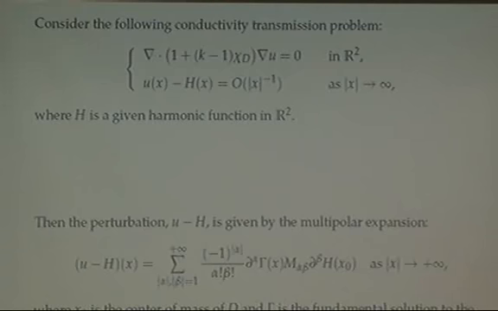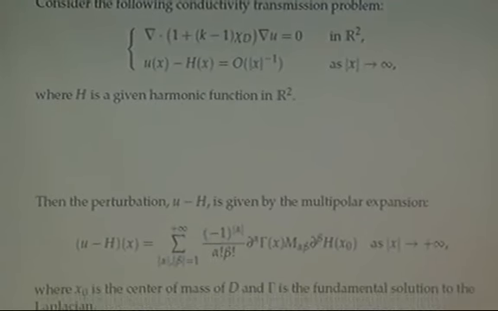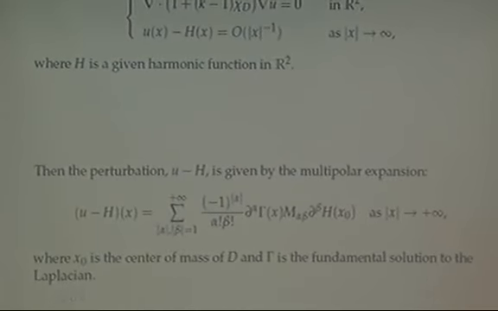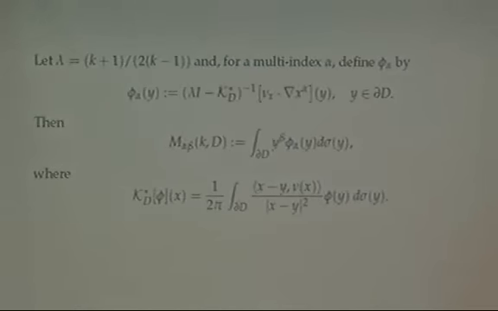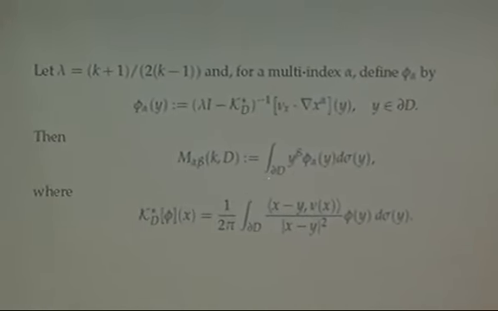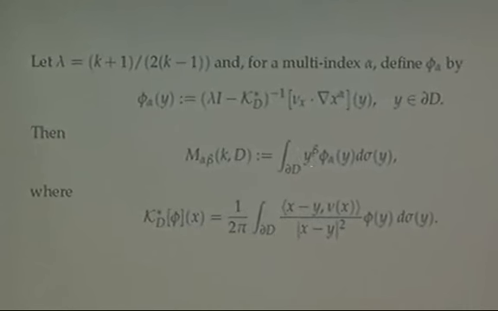Then to get the shape of D, we should know the relation between M alpha beta and the shape of D. M alpha beta is the integral on the boundary of D of y to the beta times the potential function phi alpha, and phi alpha is the solution to this boundary integral equation, lambda minus K_D star inverse, applied to the normal derivative of x to the alpha.